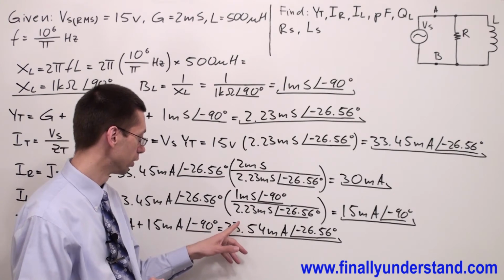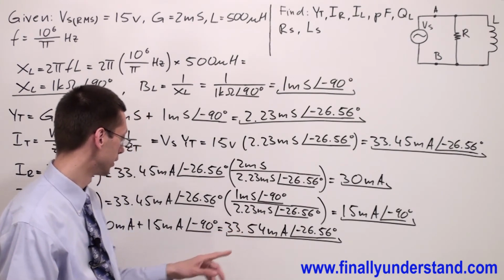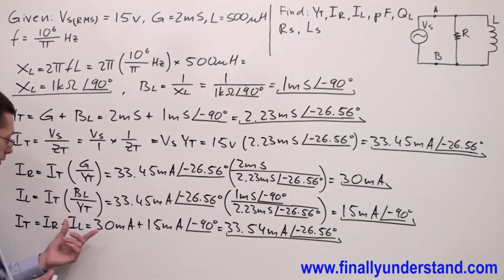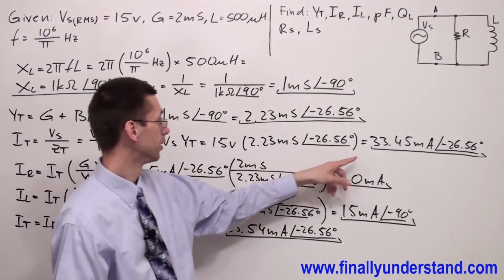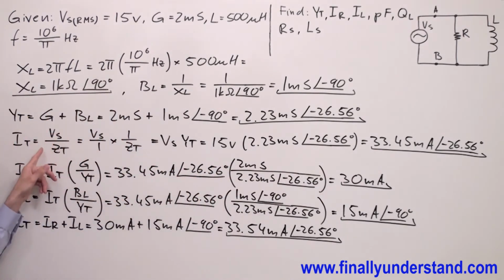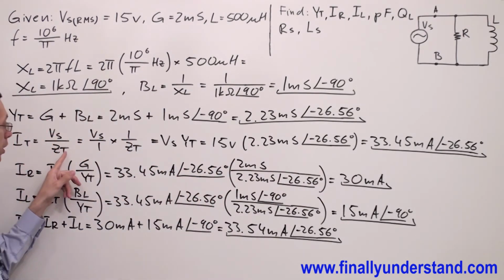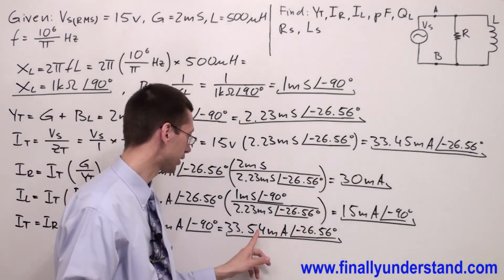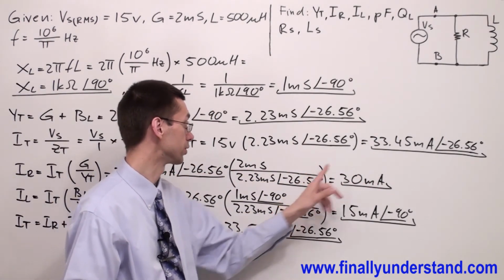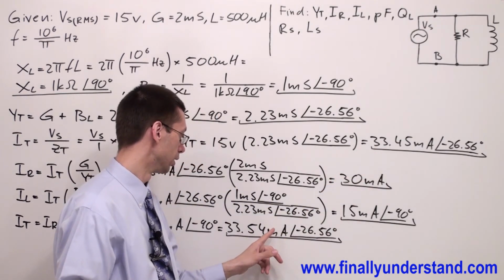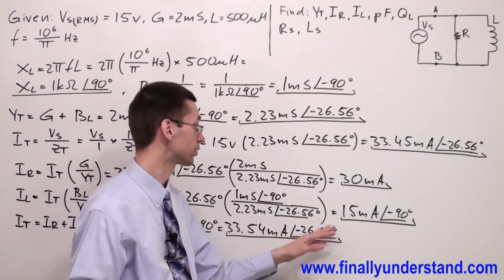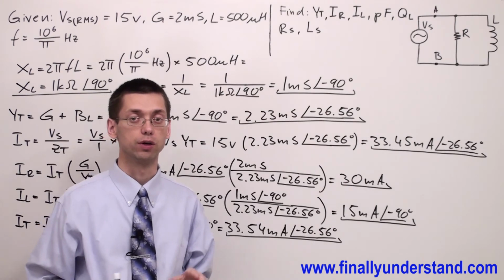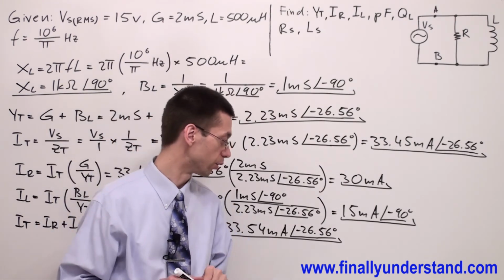Now we're supposed to compare this value, I mean the I total which we obtain from the addition of two currents IR and IL, with the value of the I total which we obtained from Ohm's law by dividing the voltage source over Z total. We got values which are very close to each other, even if this is 45 and this is 54. So we can say that they're close enough, and especially if the angles are the same. So it means that our calculations at this point are okay.